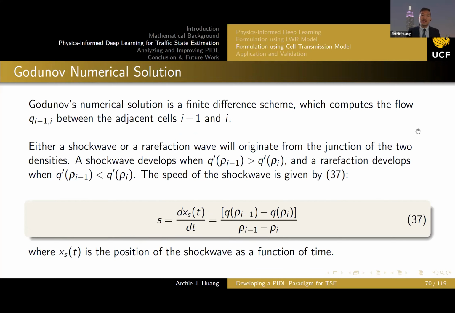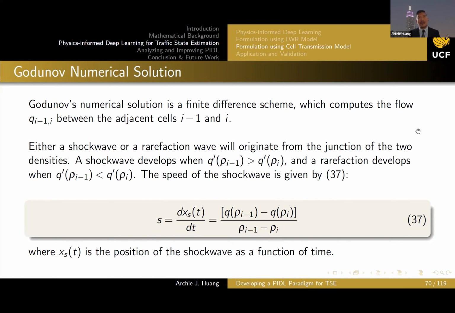Now this slide focuses on how we compute the flow between adjacent cells, and to answer that question, a good enough numerical solution is deployed, which is a finite difference scheme.